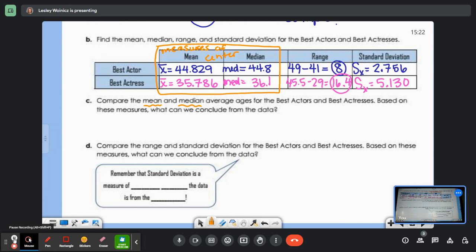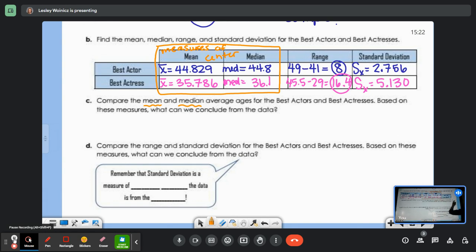The best actors are lower. Lower, what does that mean in this scenario? Younger. So according to our mean and median, the average ages of the actresses are lower than their counterparts for actors, right? Okay, good.